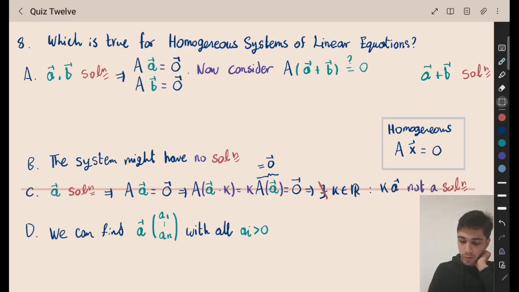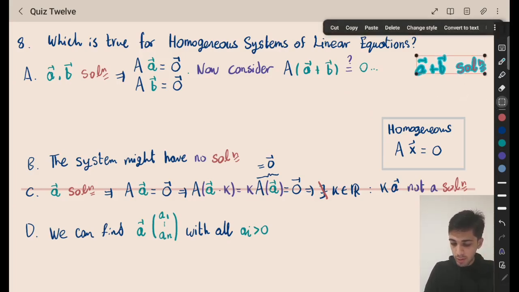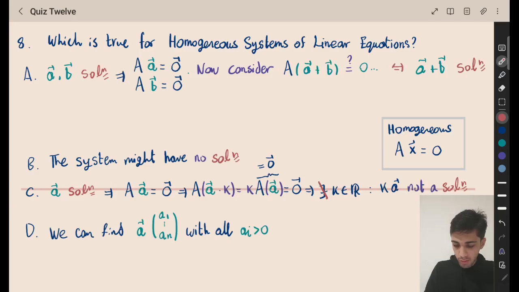I don't know just yet. That's why I put a question mark. Is this going to be the case or not? If this statement is true, then it just means by definition that A plus B is a solution and we're done. Now, is this the case? And I claim that this is indeed the case.